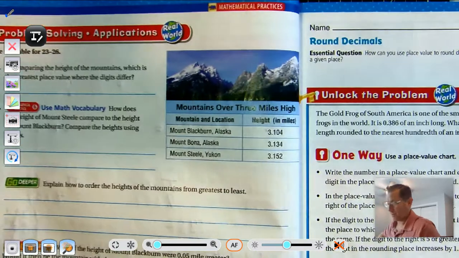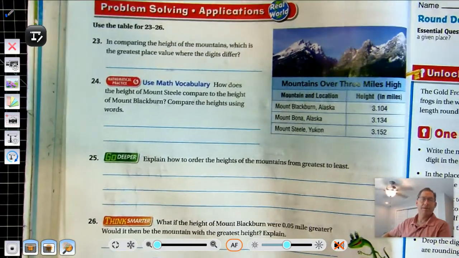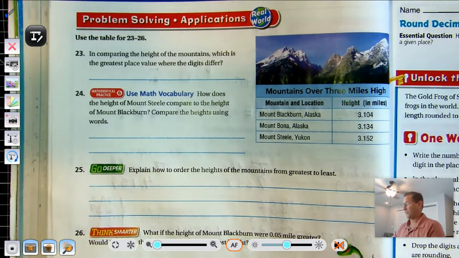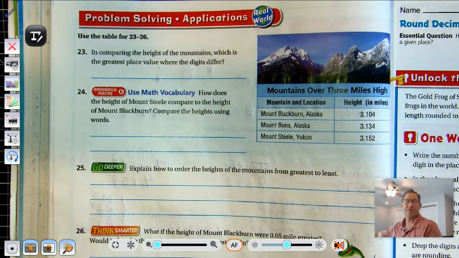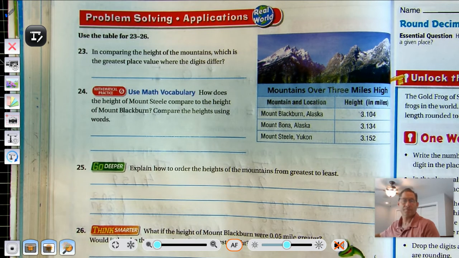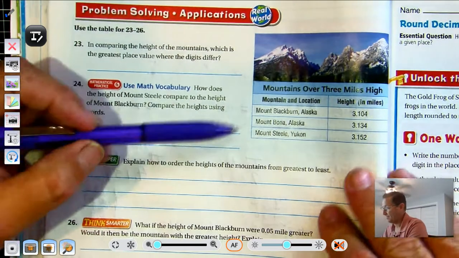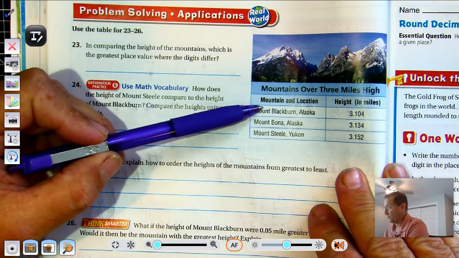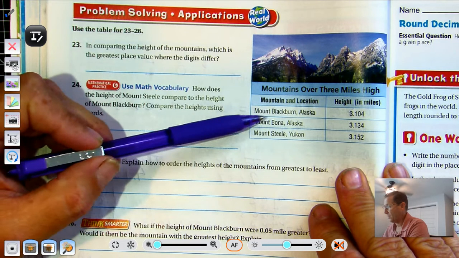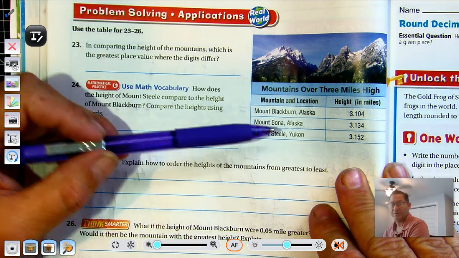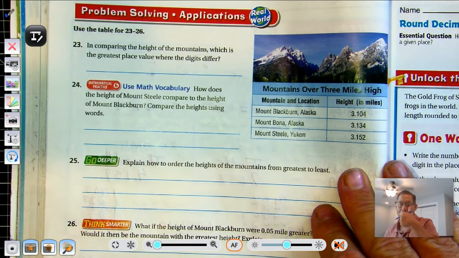All right, page 120. Use the table for numbers 23 through 26. All right, so we have mountains over 3 miles high. We have Mount Blackburn in Alaska, Mount Bona in Alaska, and Mount Steele in the Yukon. All right.